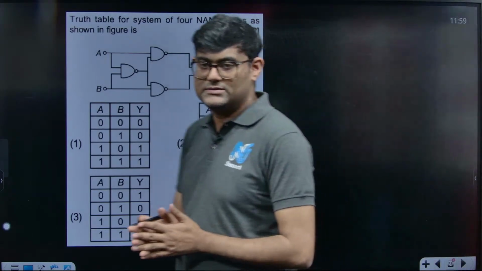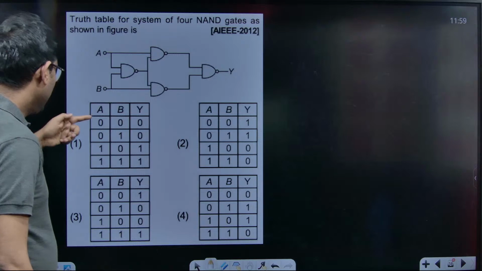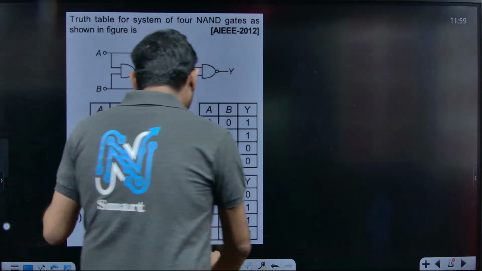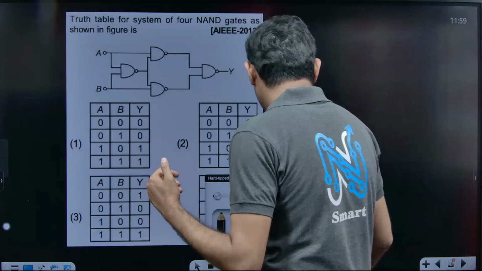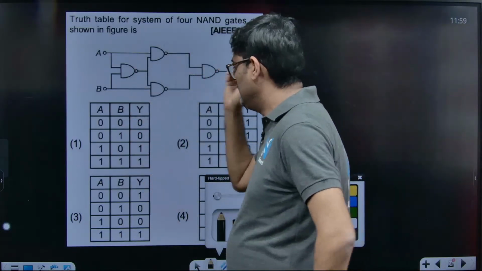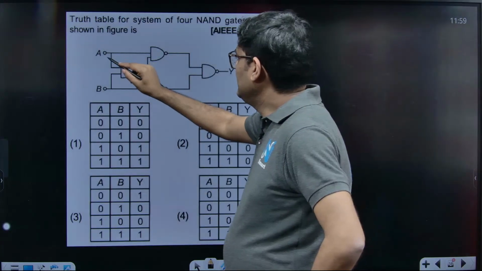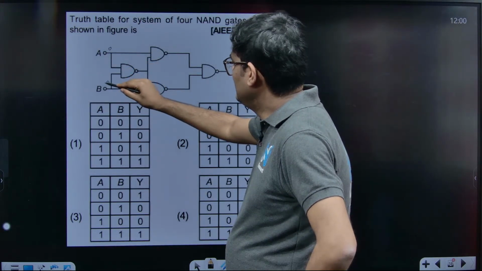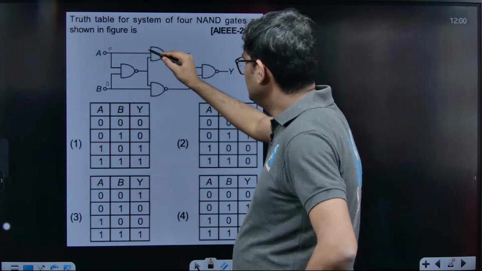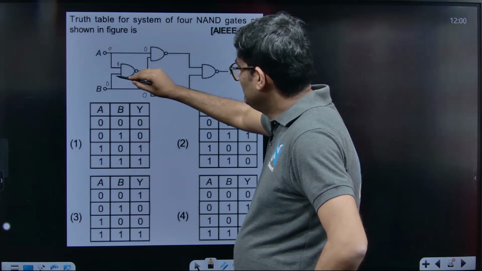Okay, let us see the solution of this question. You can see there are multiple inputs. I will choose any one of them first. Let us first choose the value of A and B both 0, right? If A is 0 and B is 0, then these are also 0.